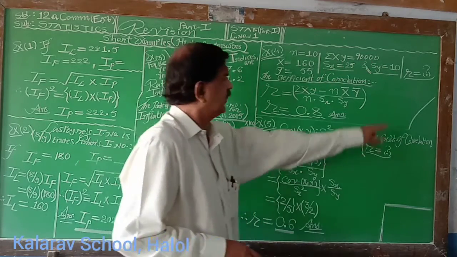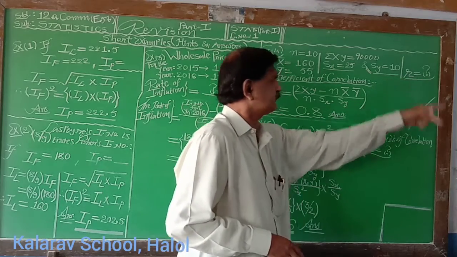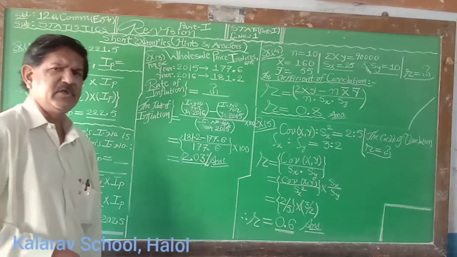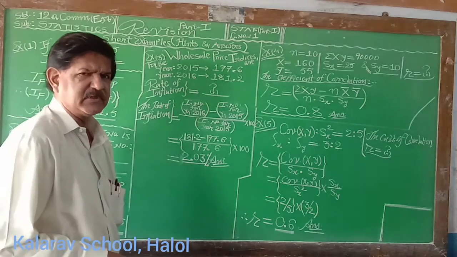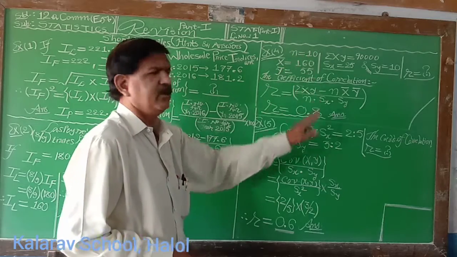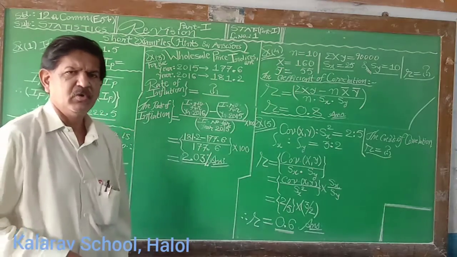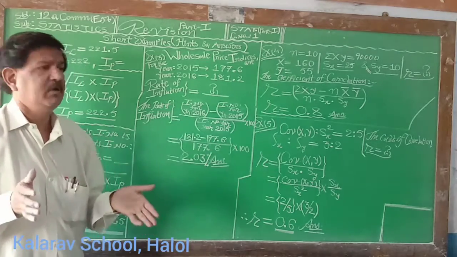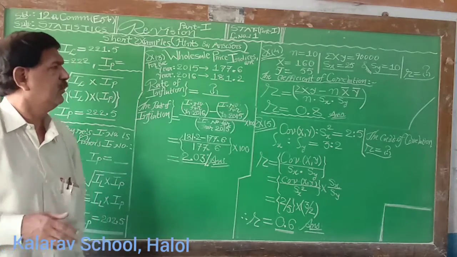Calculate r, the coefficient of correlation. I hope this example was asked in a previous examination, and by mistake n equal to 10 was not given, so you will obtain the marks if you have tried putting this formula.